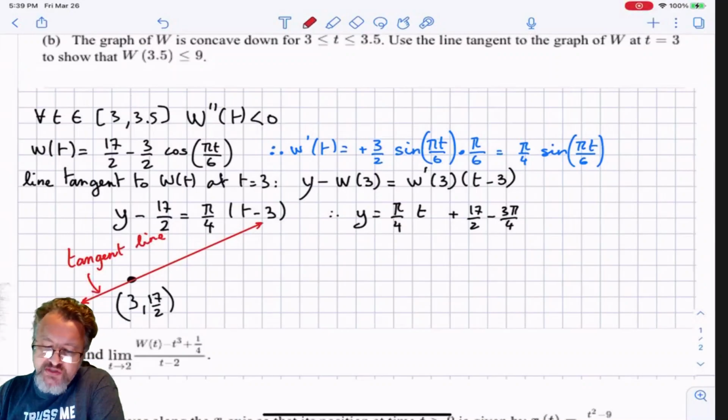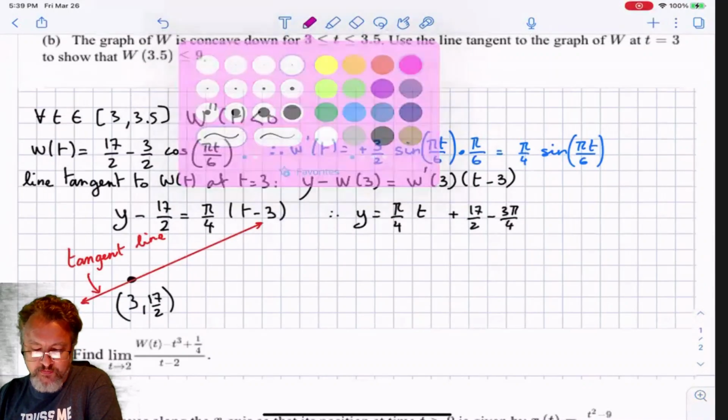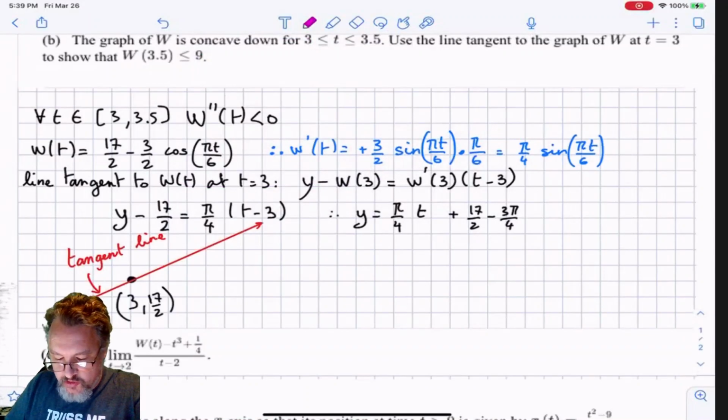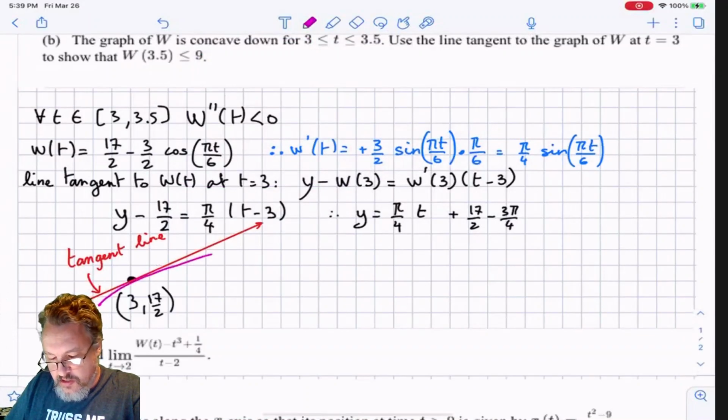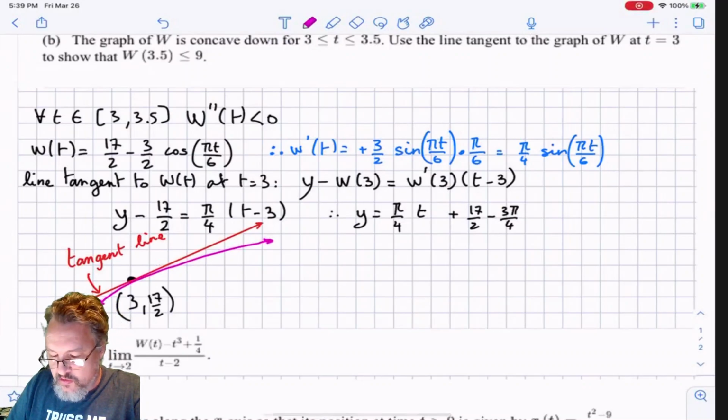And the first thing that we were told right here is that the function is concave down, right? That means that if I were to draw the function W, I know that the function will be like this, y equals W of t.